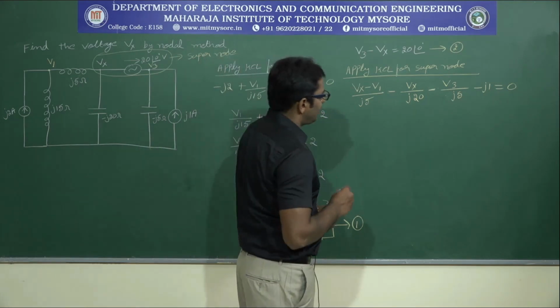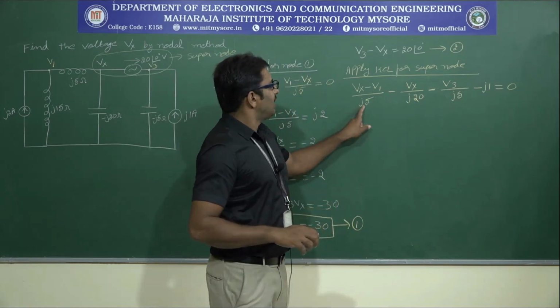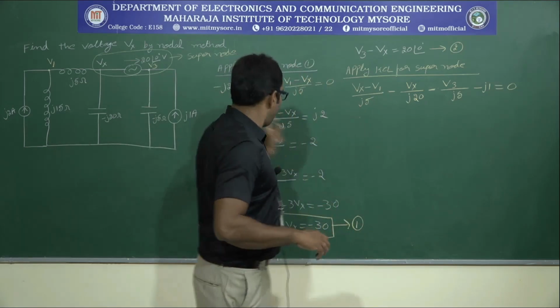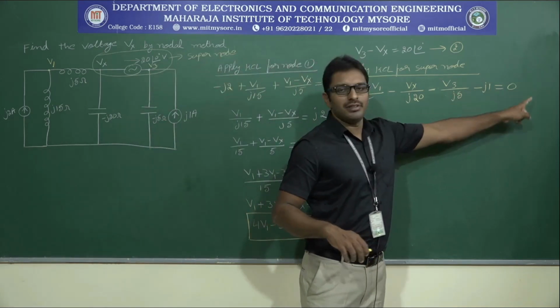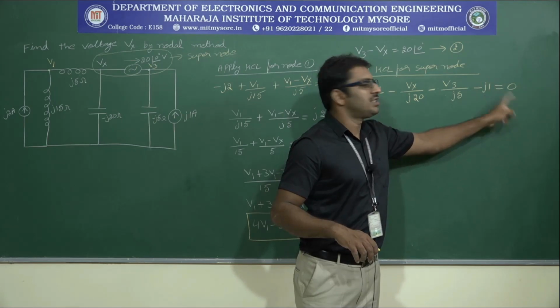Next, just simplify this applied KCL equation. How can we simplify it? We can take j as a common factor, just like the previous equation, and multiply with this minus. j1 shifted to the RHS becomes plus j1.